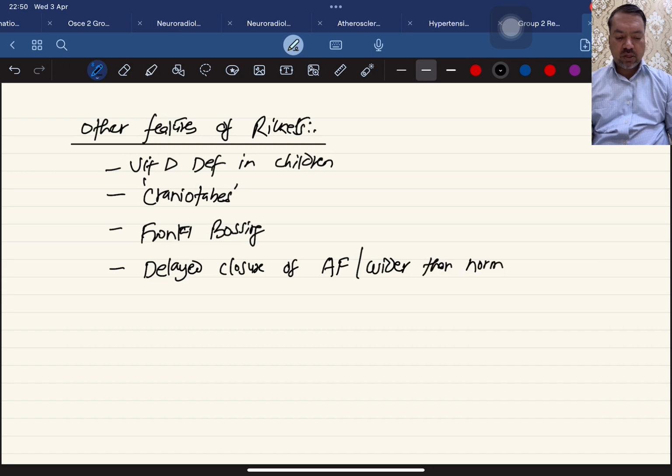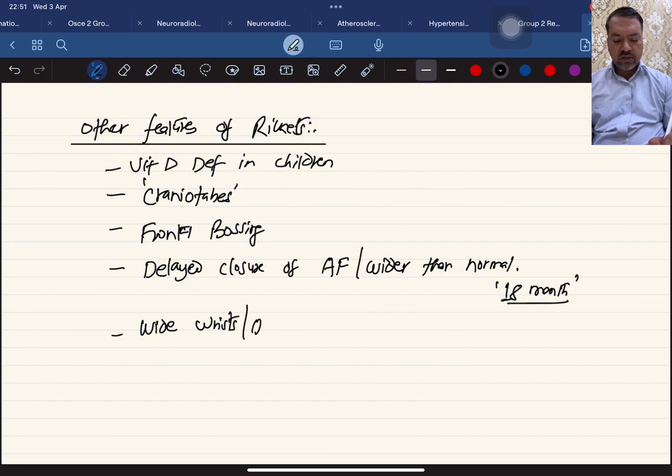Remember this, an important point. And what is the normal time for closure of the anterior fontanelle? It is 18 months on average, but you can say up to 2 years also, though 18 months is a good answer. If it takes longer than 18 months or maybe longer than 2 years, this definitely is delayed closure of the anterior fontanelle.